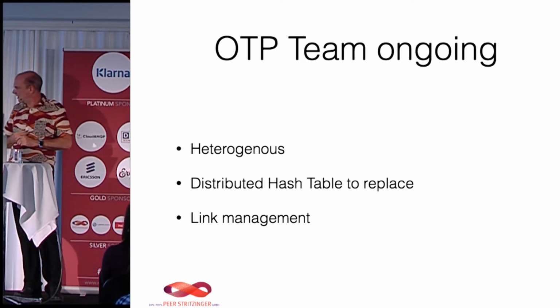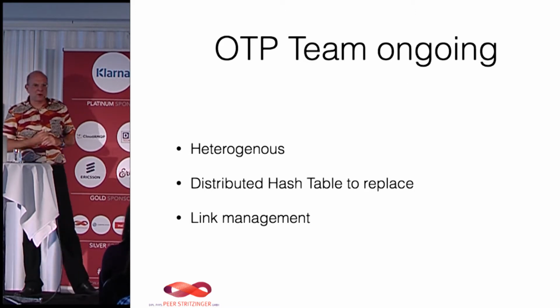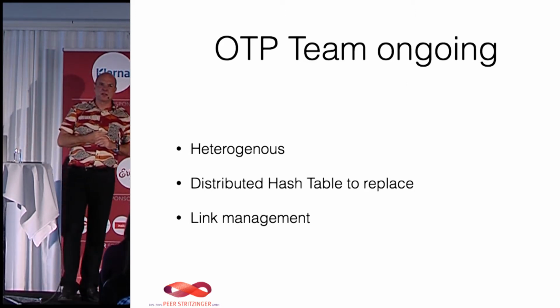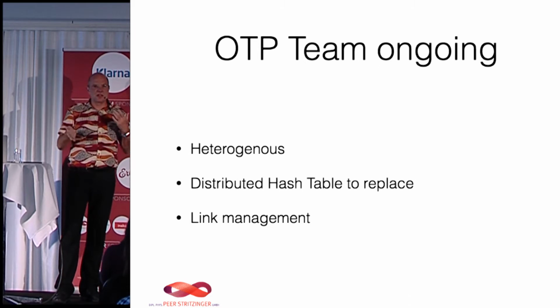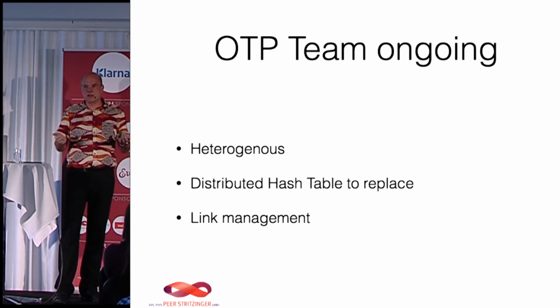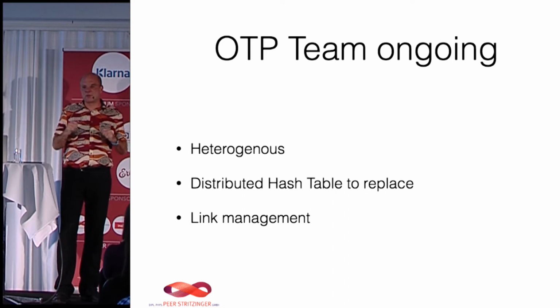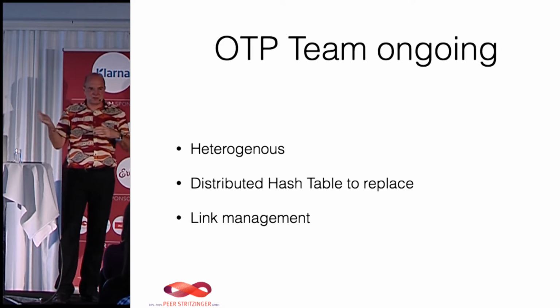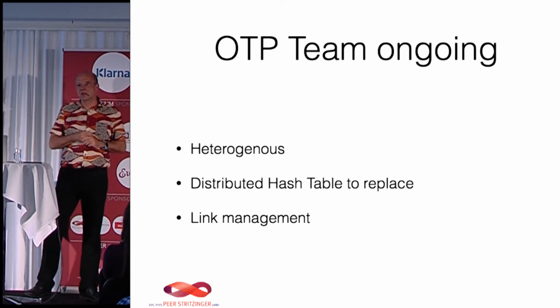I also heard at some point, which was not announced today, that there are plans to manage the links, because currently, once two nodes are connected with a link, the link is just kept up. It stays forever. You can shut it down manually, kind of, but by itself it never goes down, even between hidden nodes.